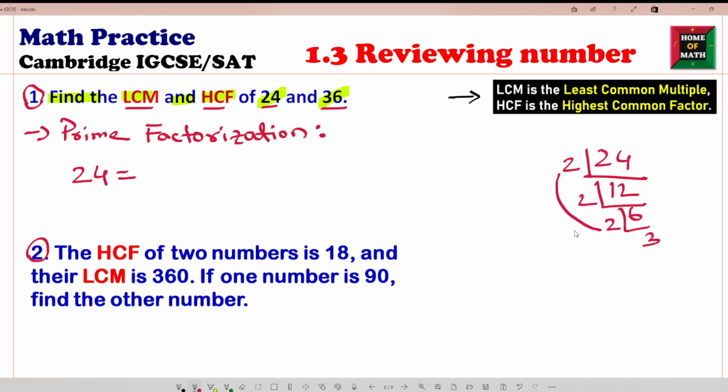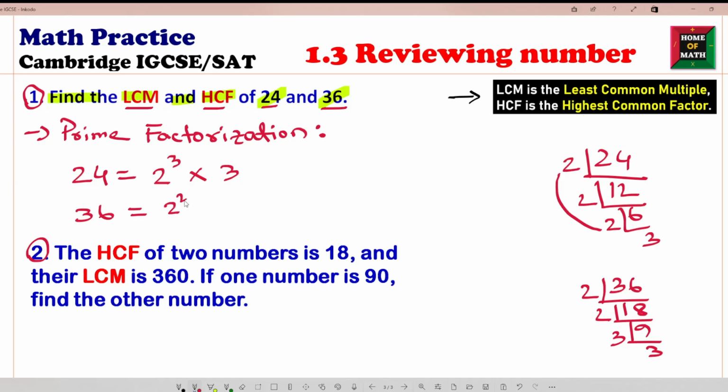So here is 2 three times, so 2 to the power 3, times 3. Now look, 36. Similar thing, 36 divide by 2, 18, divide by 2, 9, divide by 3, we will get 3. So 36 we can write 2 square times 3 square.